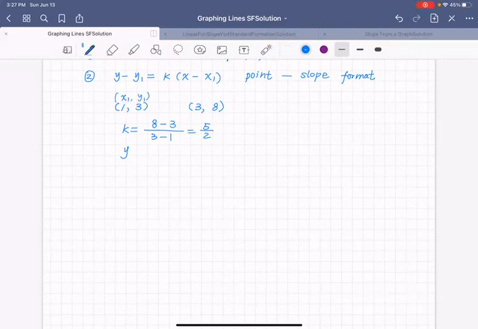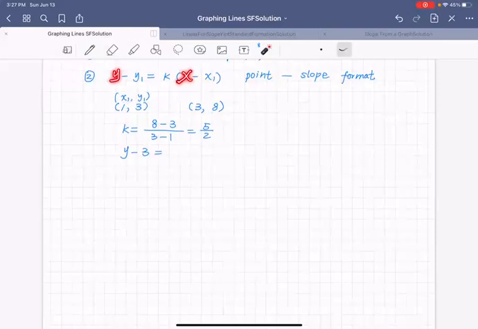First, y minus 3. Look, you want to leave y and x as variables. You want to put this here and then put this here, okay? Oh, okay. You got what I mean now?